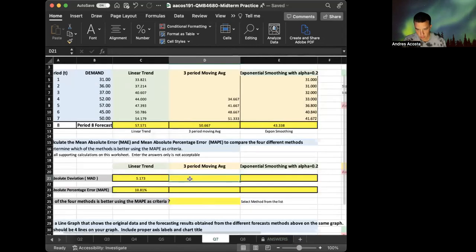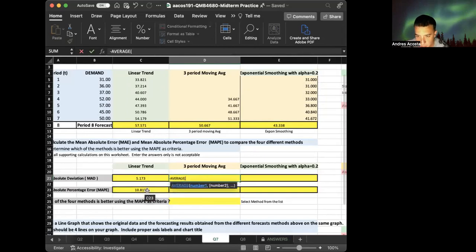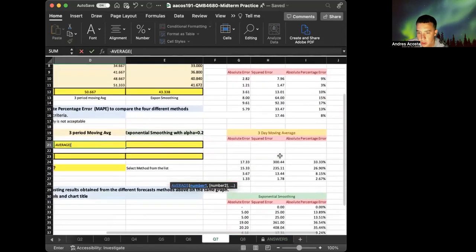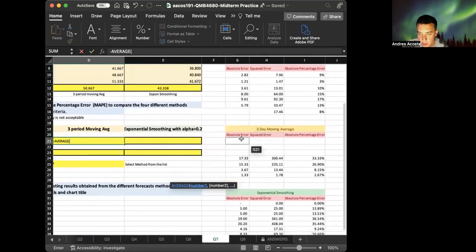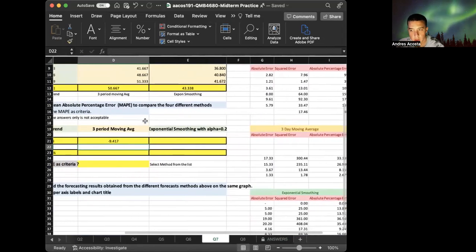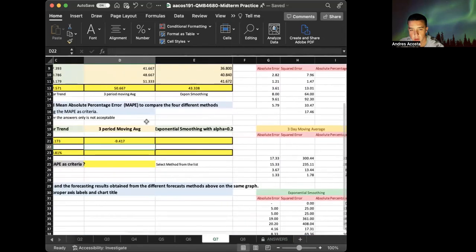Okay. So we'll click here, we click average. Now we go to our 3-day absolute error, click enter, and negative.